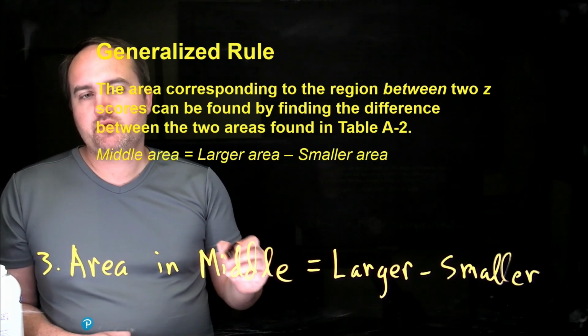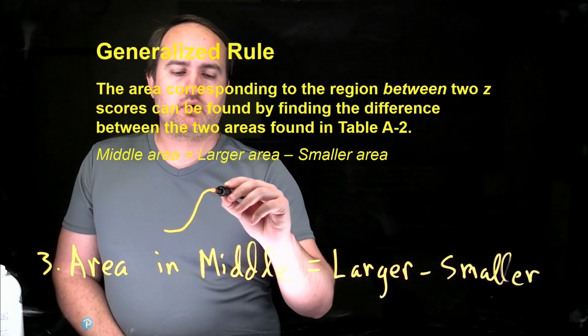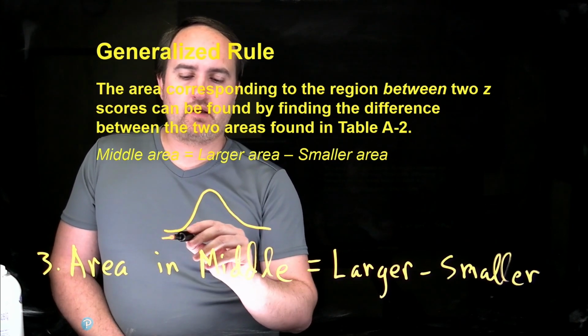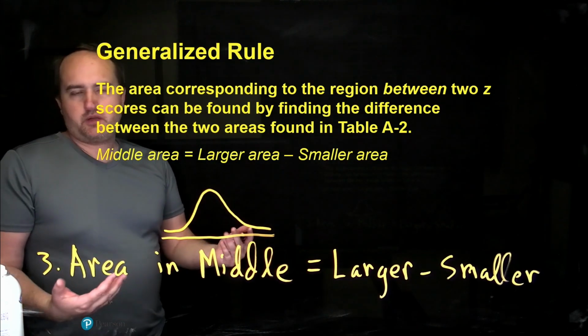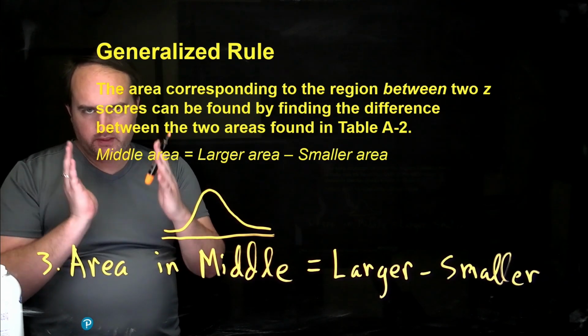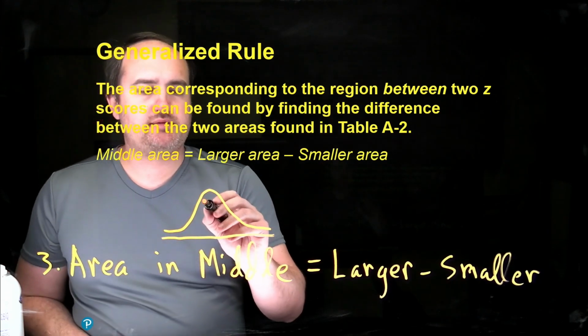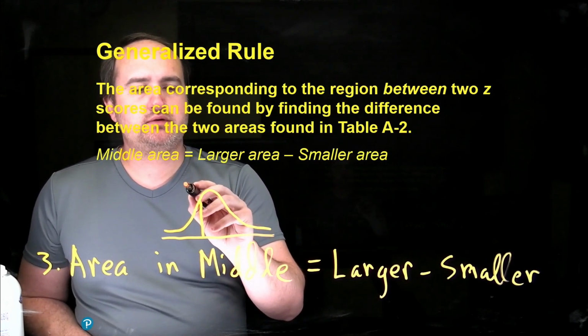Maybe even before I go to the example, I did want to show you what this might look like in the picture. So once again, we're looking at a standard normal curve. Area in the middle is exactly what it sounds like. It's going to be the area between two z-scores. So we might have some z-score here. We could call that z equals a.